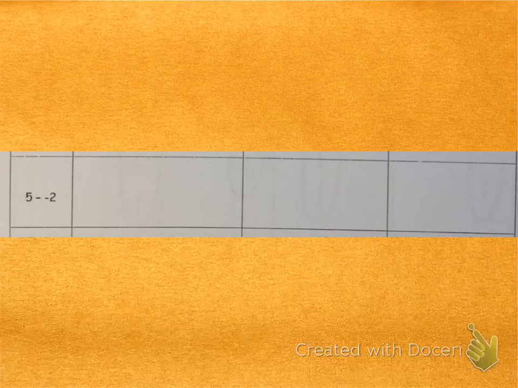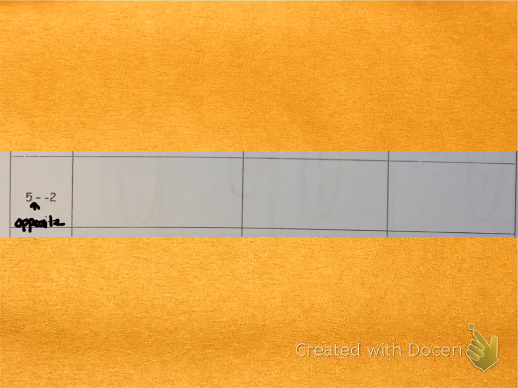This next one looks a little different. So here I have a 5, and remember whenever I have 2 negative signs next to each other, this first negative means opposite. So I have a positive 5 opposite negative 2. What's opposite negative 2? That's a positive 2. So instead, I have a positive 5, positive 2.